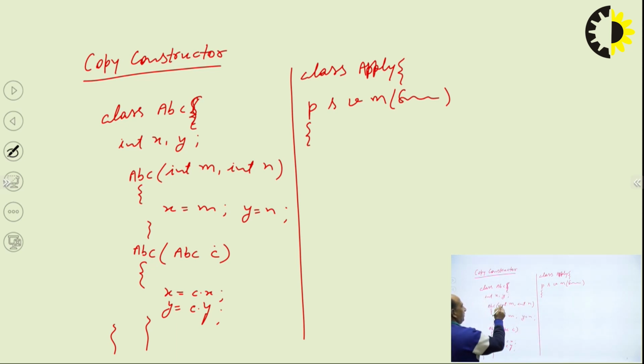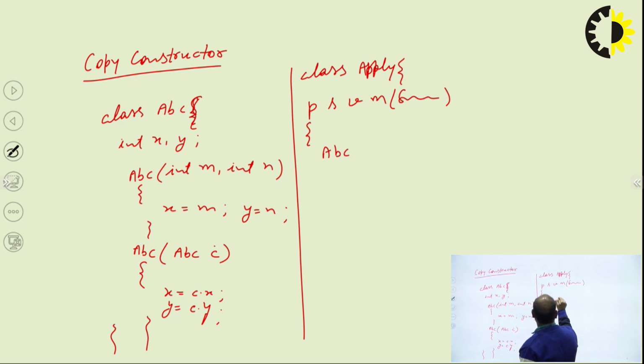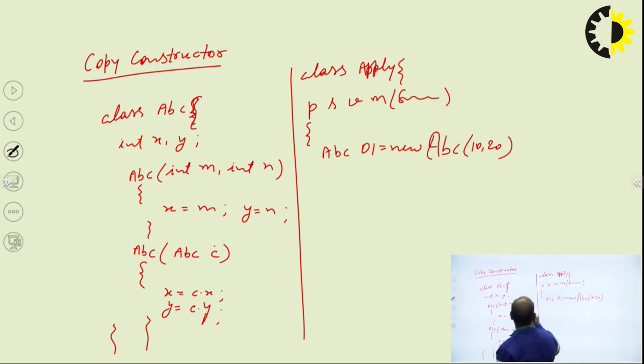So if I want to create an object by the parameterized constructor of ABC, then I write ABC o1 equals new ABC, and I am passing 10 comma 20. Let's write it properly. Now I have created object o1 by using the first constructor.